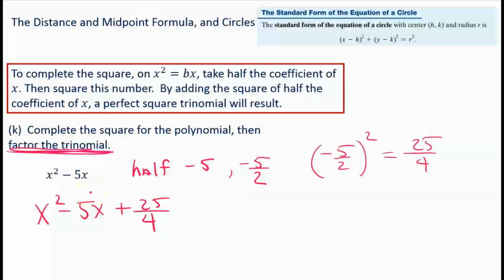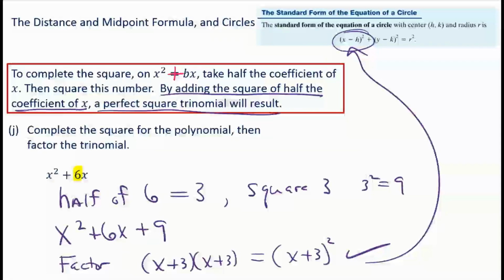Look at the last one though. Let me go back a page. Look, multiplies to be 9, adds to be 6. That's 3. But there's something else I want to point out to you. That 3 also showed up right here. It's the half number. Okay, so that's the number that goes right there. Always the half number.